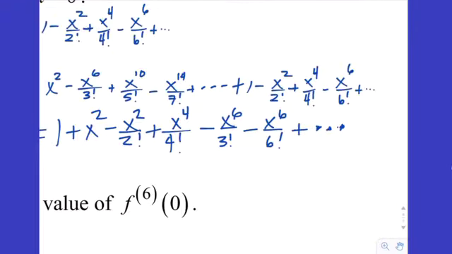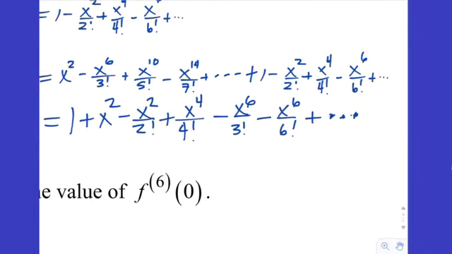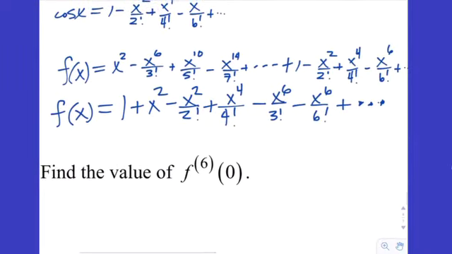Okay, so I will go ahead and kind of clean it up. So I did have an x to the 14th there. I didn't write them in order. You're going to want to write them in order, okay? Now let's do one last thing. Since it looks like it's more than 4 terms, we'll say 1 plus, and I'll just factor out the coefficients. We don't necessarily have to combine them.